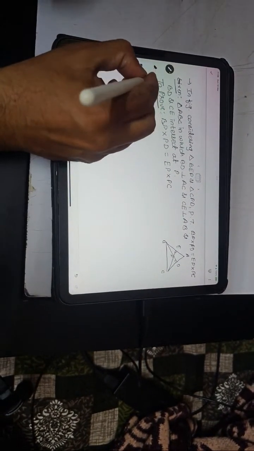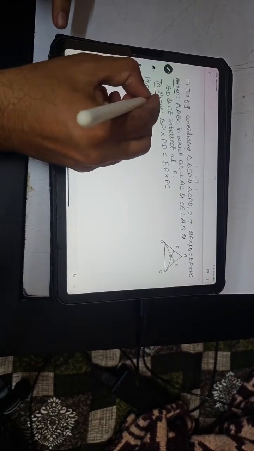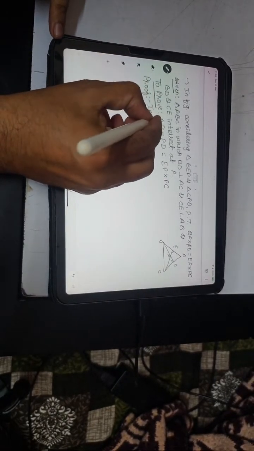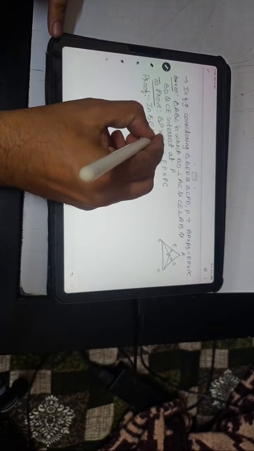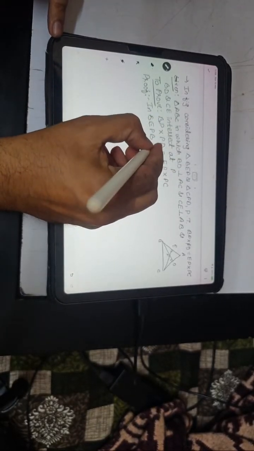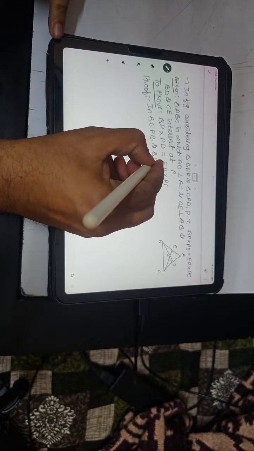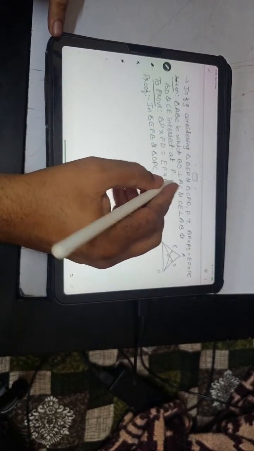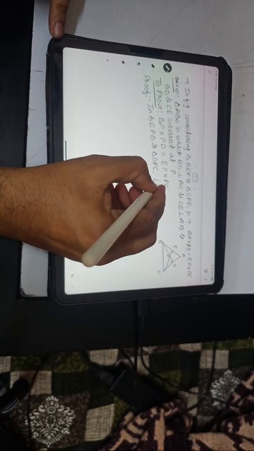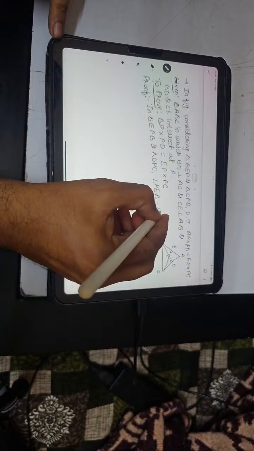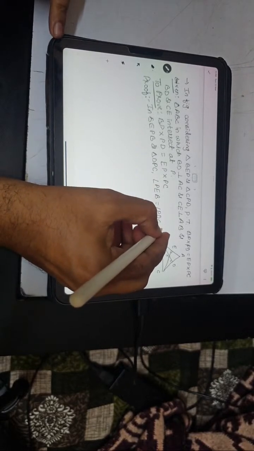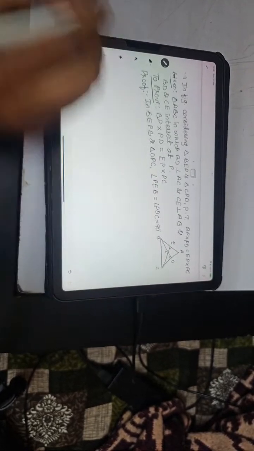Now, how will I do the proof? See, in triangle EPB and triangle DPC, angle PEB equal to angle PDC because both are 90 degrees.